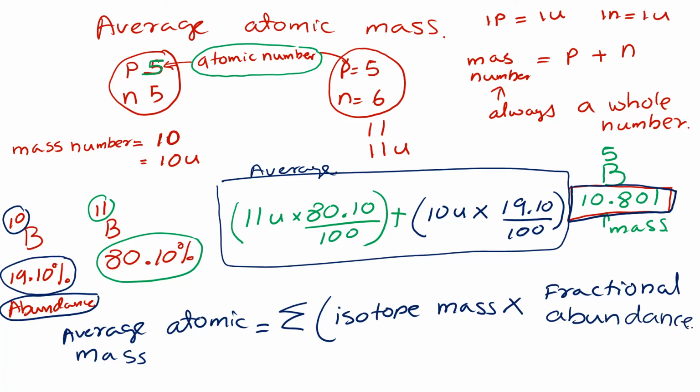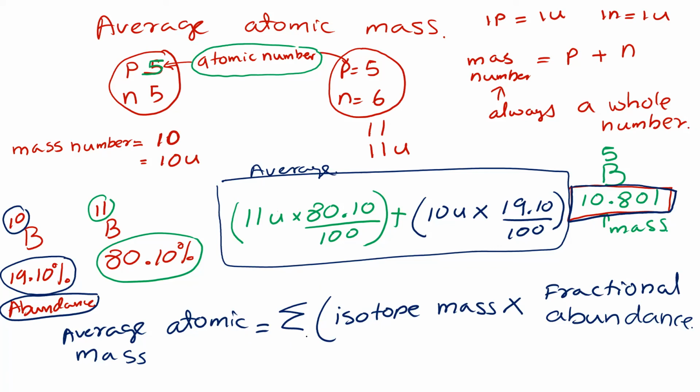What do I mean by fractional abundance? This 80%, which I'm writing with the 100. If you don't want to write it over 100, you have to write it as 0.801, not as 80%.